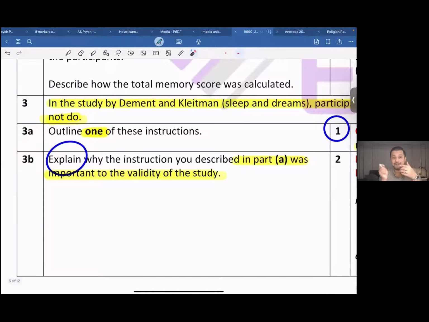So you might as well, maybe through the corner of your eye, have a look at the second part too. You wouldn't want to outline any instruction that you might not further be able to elaborate on and comment on the validity of the research. So, explain why the instruction you described in part A was important to the validity of the study.